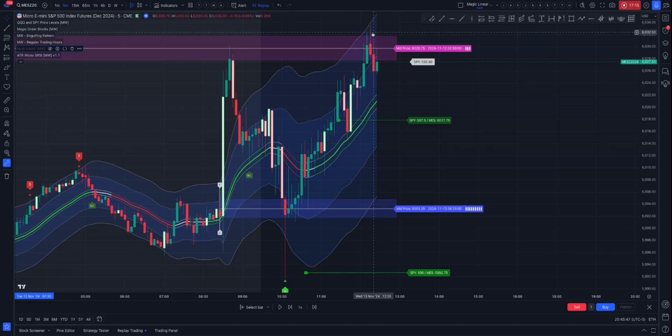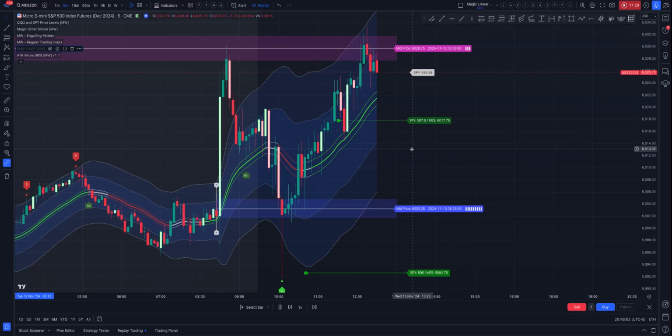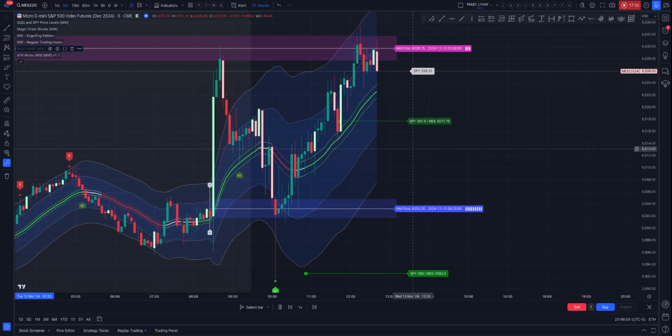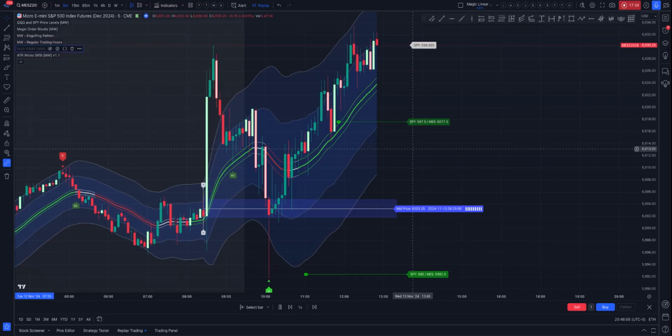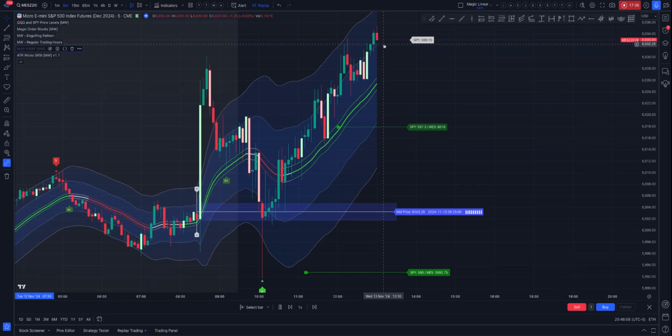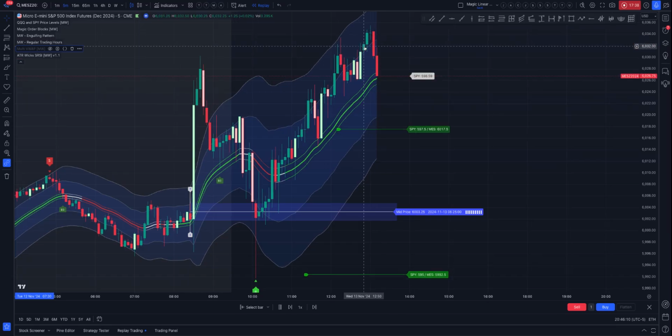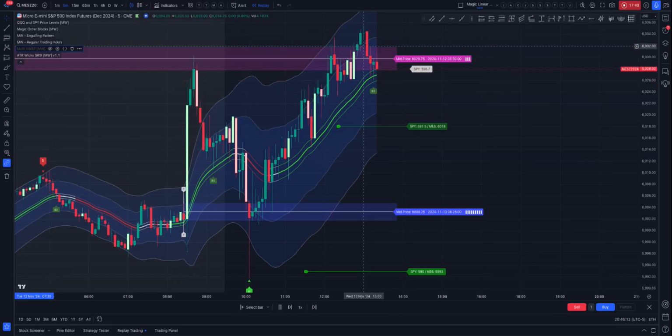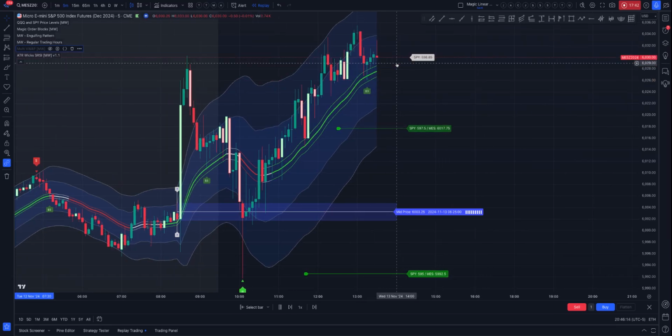Here you're starting to see it get extended past the ATR band. And here you're seeing all the bounces right along the EMA. So it's respecting this EMA the whole time up. So I'm going to press play. And so we've already seen it respect the order blocks and the SPY price levels.